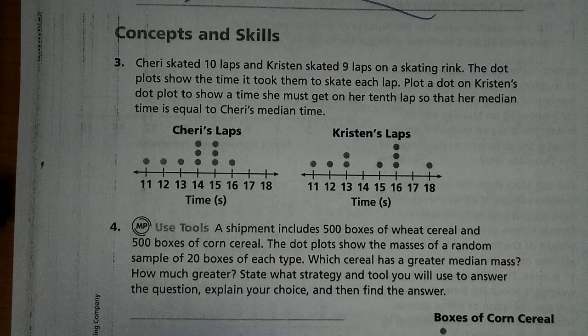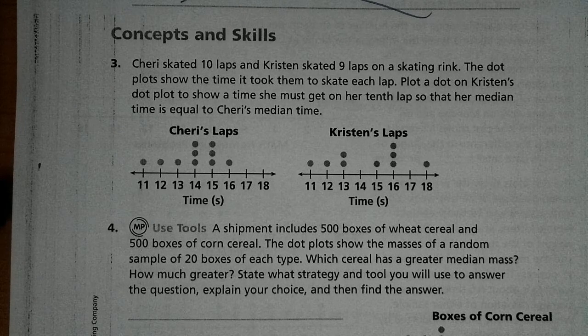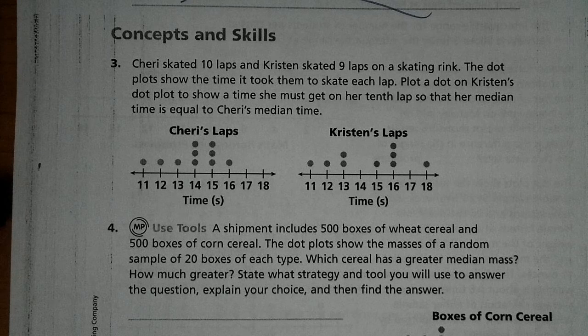All right, so Sherry skated 10 laps and Kristen skated 9 laps on a skating rink. The dot plot shows the time it took them to skate each lap. Plot a dot on Kristen's plot to show a time she must get on her 10th lap so that her median time is equal to Sherry's median time.